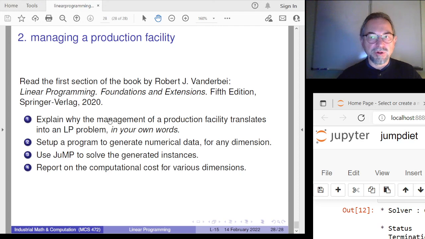If you work with hundreds of dimensions or even thousands, the question is here, how far can you push it? Is this a problem from an algorithms course? What is the computational complexity of this production facility? Is it linear? Most likely not linear in the dimensions because you have to solve linear systems.